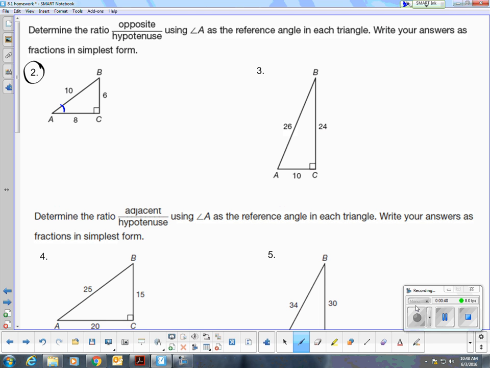So if I'm looking for the side that is opposite, that would be the side whose length is 6. And the hypotenuse, always the longest side, would be the side that is 10. So we want to write the answer as a fraction in simplest form. So the opposite side to the hypotenuse, 6 over 10, and that reduces to 3/5.